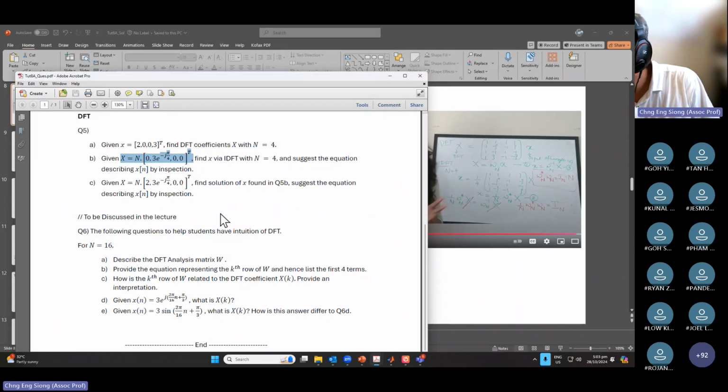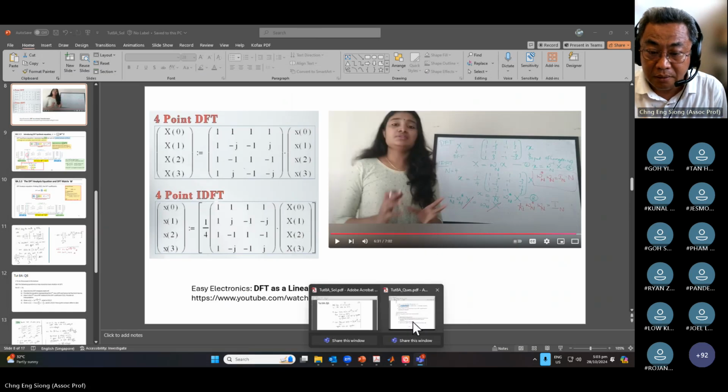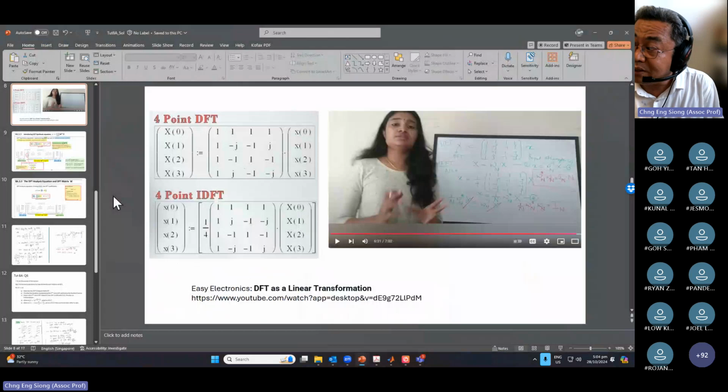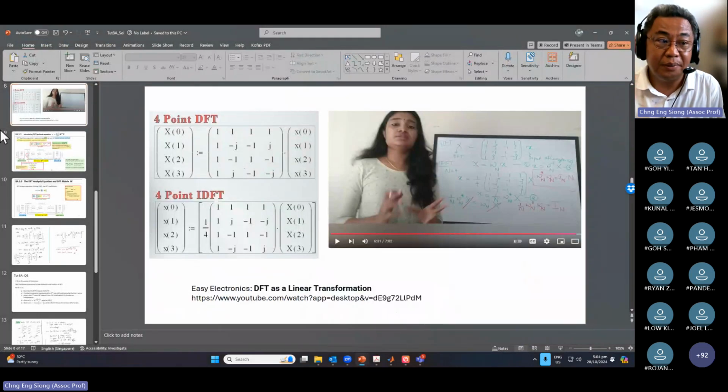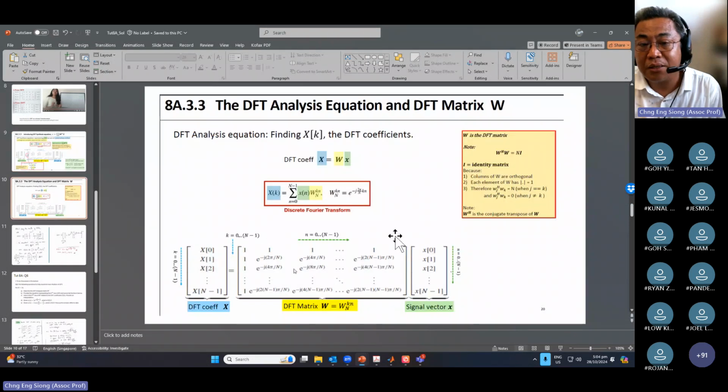Is there a good way to remember whether the rows and columns of W are k or n? Yes, there is. Actually, you don't really need to care because the matrix is symmetrical. But let's say we care. Let's start with the DFT matrix first. Big X equals W small x.